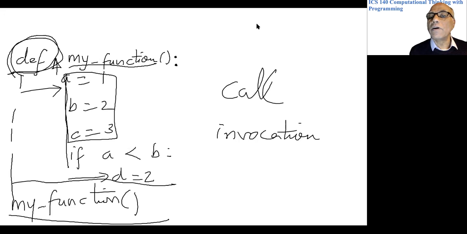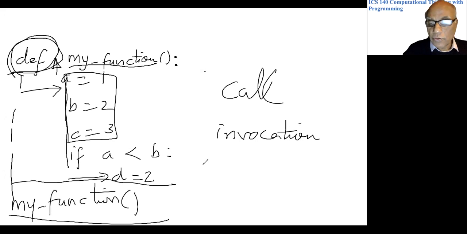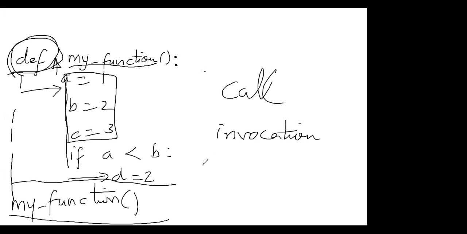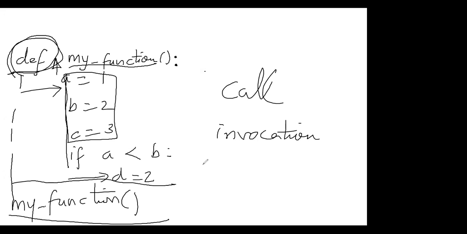What is that? That is the message, the last line there. We are not talking about methods here, we're talking about functions. So the my_function with the two parentheses on the last line, that's the one that's getting called, right?